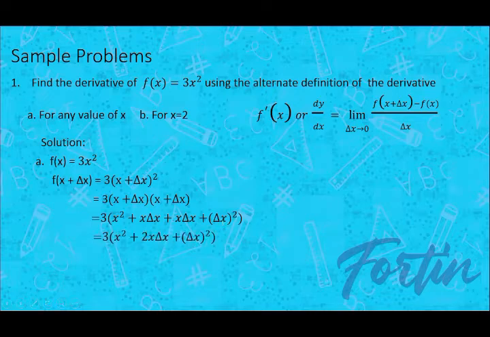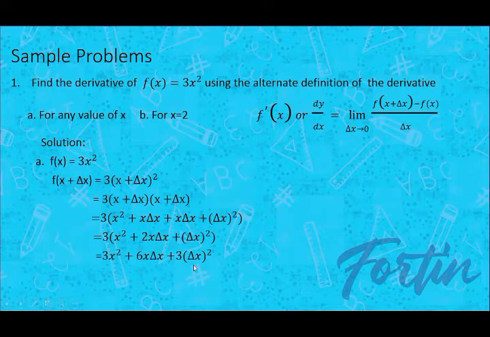Simplifying further, x delta x plus x delta x gives 2x delta x, and then we multiply the 3 to each of the terms: 3x squared, then 3 times 2 is 6x delta x, and 3 delta x squared.